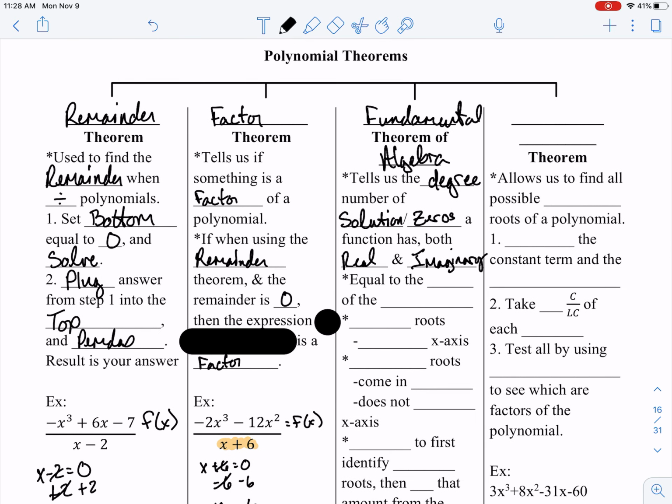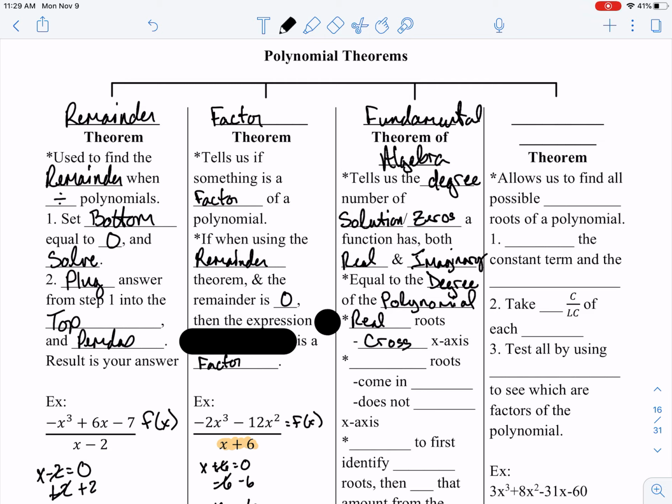It is equal to the degree of the polynomial. Your real roots cross, touch, intersect, meet.